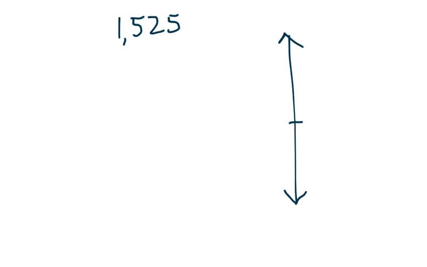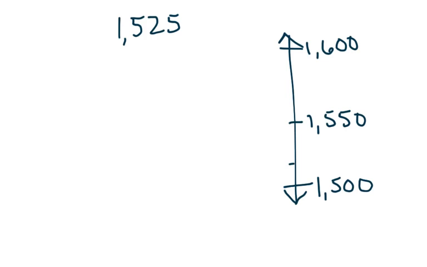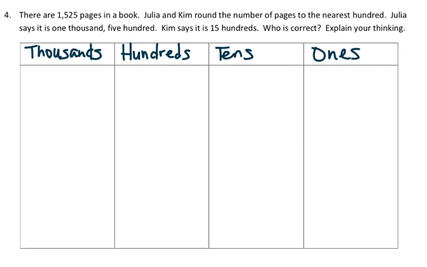I have 1,525, and to the nearest hundred, here's my vertical number line, and it's between 1,500 and 1,600, with the midpoint of 1,550. And 1,525 is closer to 1,500. Okay, let's go back to the problem. So I know it's 1,500.